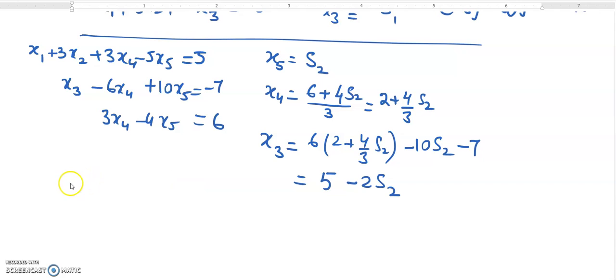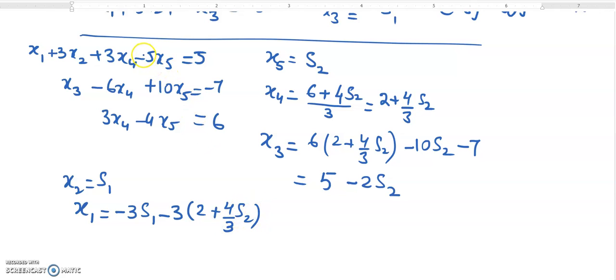So we take x2 equal to s1, and in this way we can find the value of x1. x1 is equal to minus 3x2, minus 3s1, then minus 3 times x4. x4 was 2 plus 4 by 3 s2, and then plus 5x5. x5 was s2, and then plus 5 s2.